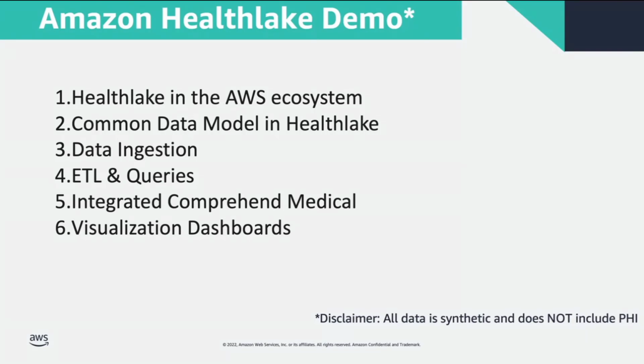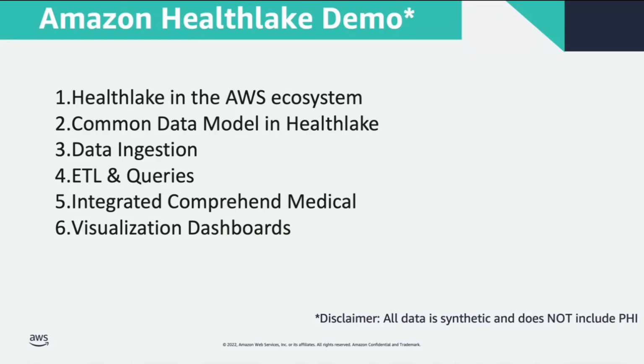First, I'm going to make sure that I address the fact that HealthLake is part of the overall AWS ecosystem. That's number 1. Number 2, Sridhar mentioned FHIR, FHIR R4 and the FHIR data model several times. I want to make sure that we understand what that really means from a data perspective. I want to spend some time on that.